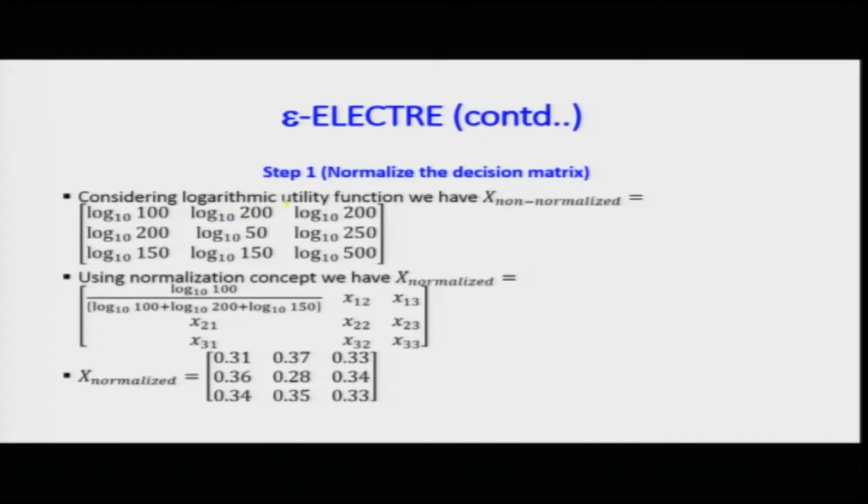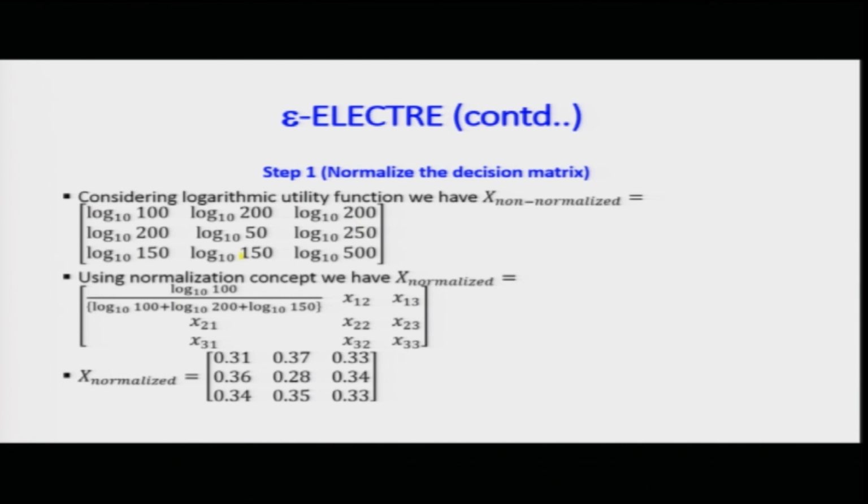So consider the logarithmic utility function where, for simplicity's sake, I am not going to consider the logarithm with base e, I will consider base 10. So x being the non-normalized values, it will be log of 100, log of 200, log of 200, I am reading the first row. Then similarly the values of 200, 50, 250, and 150, 150, 500 will give me all the cell values for the second row and the third row.